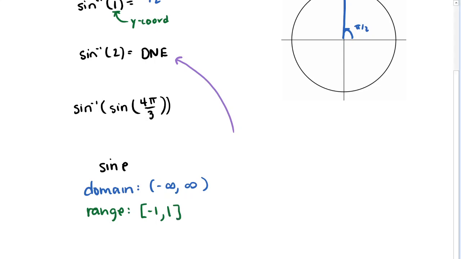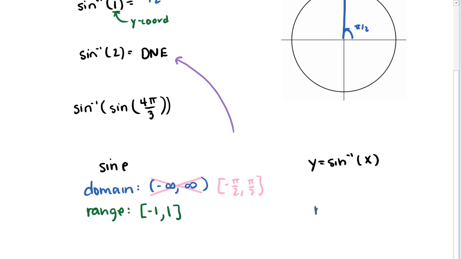And for our sine inverse function, the idea is that we restricted this domain of our sine function to just -pi/2 to pi/2 to define our sine inverse function. And so here, the sine inverse is going to reverse the roles of the domain and the range of this restricted sine function.